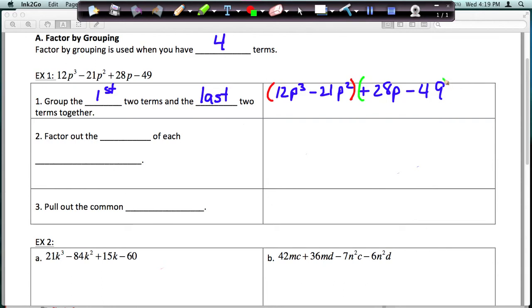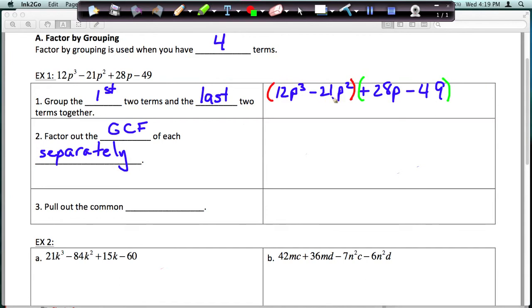Okay. And now at this stage, I'm going to basically ignore some of the terms. I'm only going to look at 2 at a time. So what we're going to do is factor out the GCF of each one of these groups separately. So I'm not looking at what all 4 have in common, but what just 2 of the 4 have in common. So let's start with this first group in red, 12p cubed minus 21p squared.